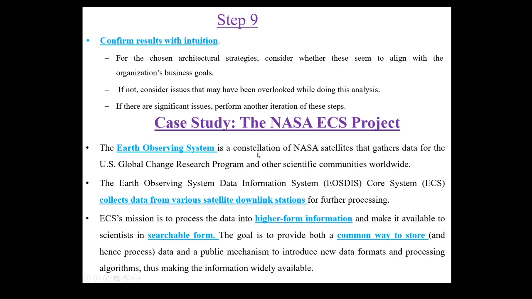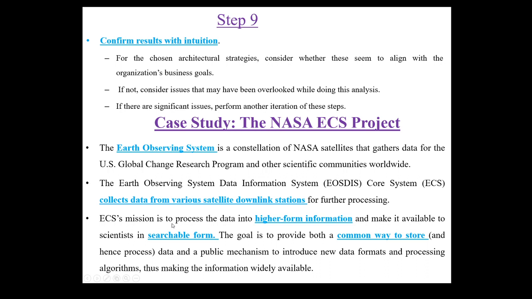Constellation is nothing but a group of NASA satellites which gathers data for the US Global Change Research Program. Now the Earth Observing System Data Information System collects the data from various satellites and downlink stations for further processing.